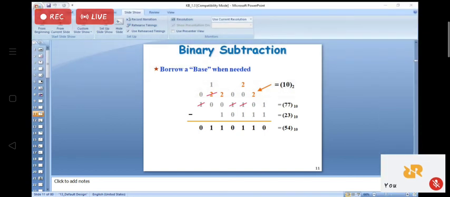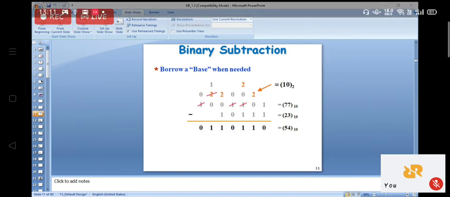So we have finished up to binary subtraction also by using normal method. Now we will see how computer performs the subtraction and how computer performs multiplication by using Booth's algorithm, and then last is division.